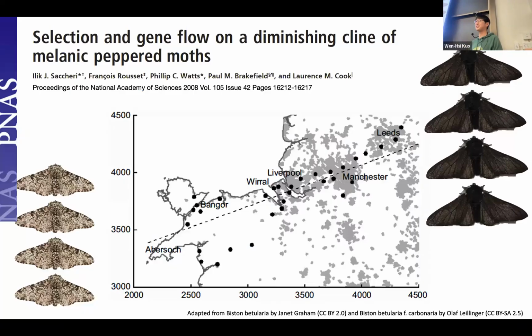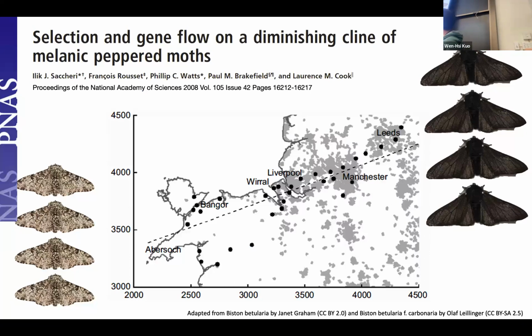Species are always trying to increase their fitness in their corresponding environment. One classic example is the peppered moth in England. With the industrialization in the 19th century, the air pollution in the urban area made people prefer the melanic form of the peppered moths, because it can provide better camouflage against predators.